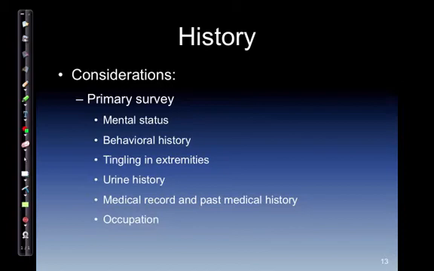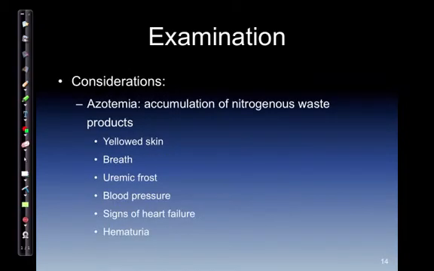Medical record and past medical history: if they've had any recent nosebleeds, bloody stools, or tendency to bruise easily, if they're taking any kind of new medications, if they have chronic hypertension, diabetes, or a history of heart failure or anorexia, or if it's occupational related, someone that works with heavy metals like lead and mercury and things like that.